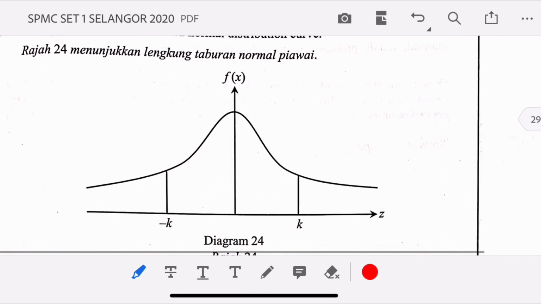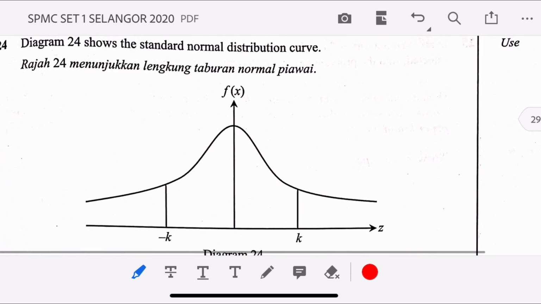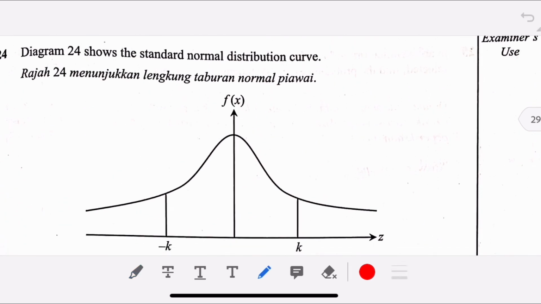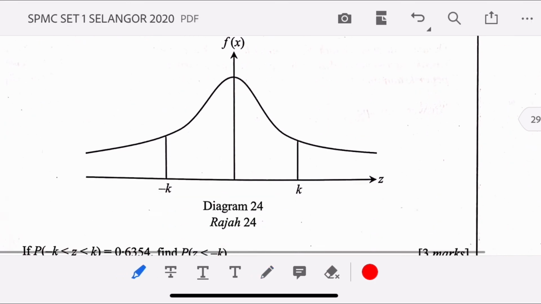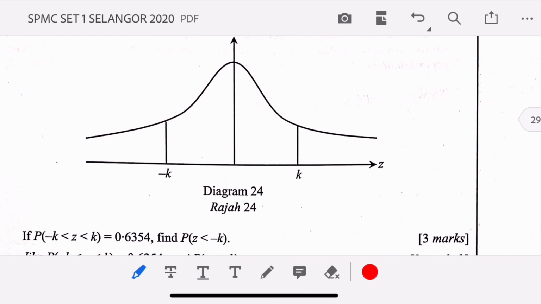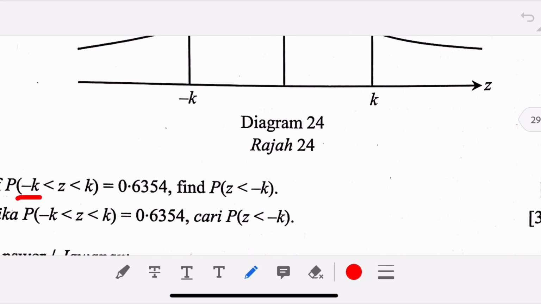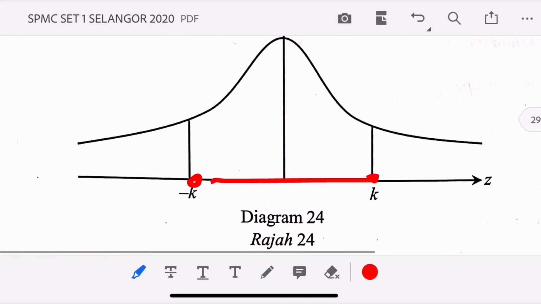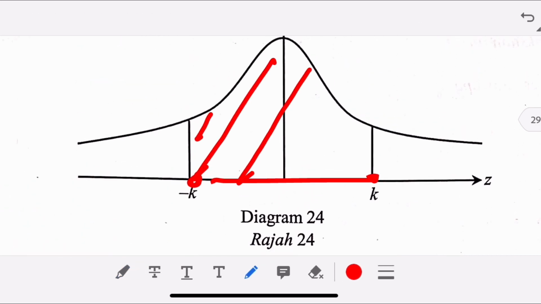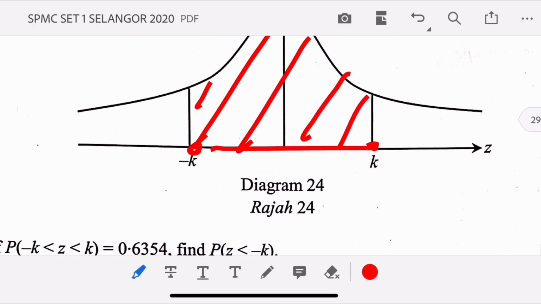Okay, we have solved the probability question. Finally, we need to solve this. A standard normal distribution curve. The area for one whole bell is 1, and you are given the area from negative K to K in between, which is 0.6354.